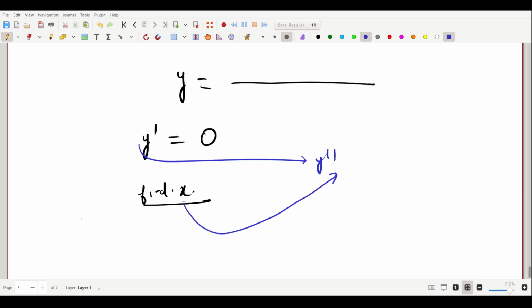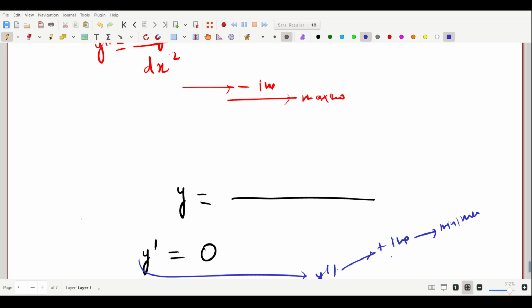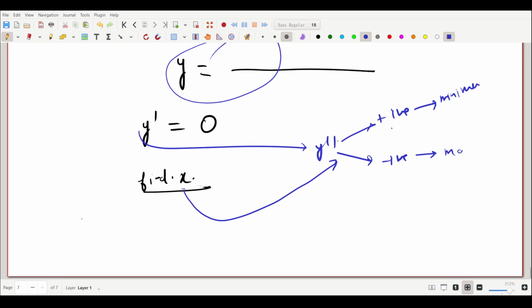If y double dash is positive, then this particular value of x always gives you the minimum value. If y double dash is negative, then when you put this value of x in the given equation, the value of y will be maximum. If it is 0, then it is an inconclusive case.